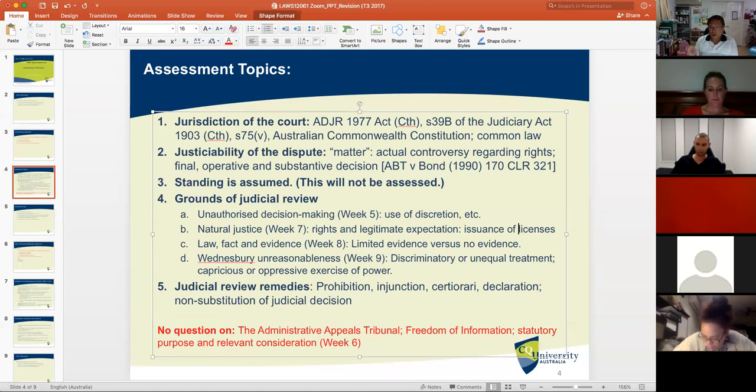So the common law writ of prohibition preceded the ADJR Act. So that is available there.